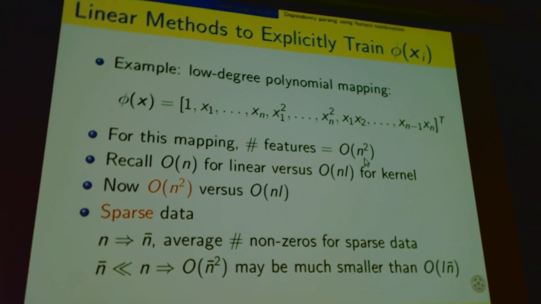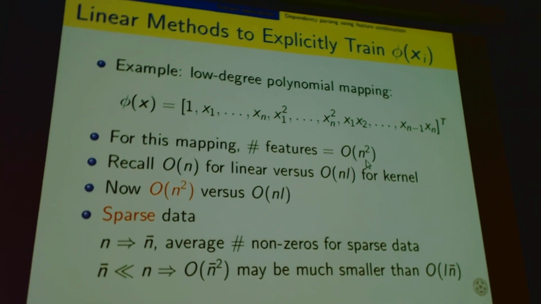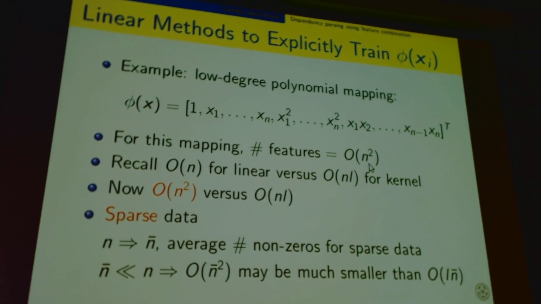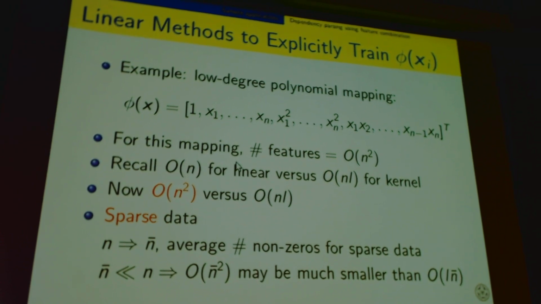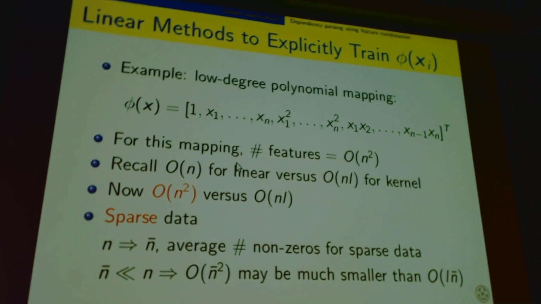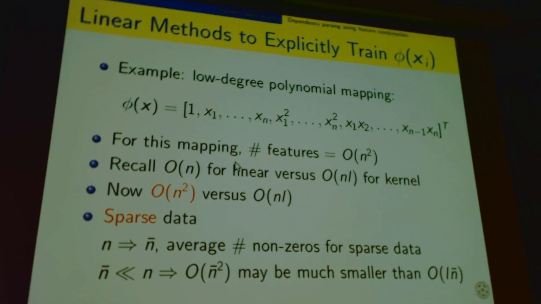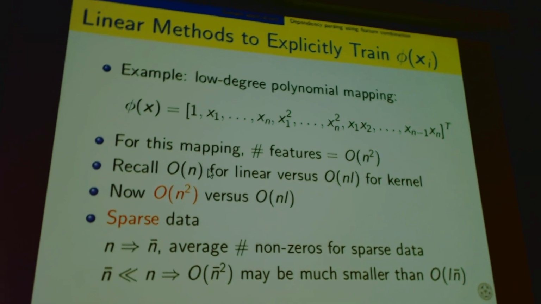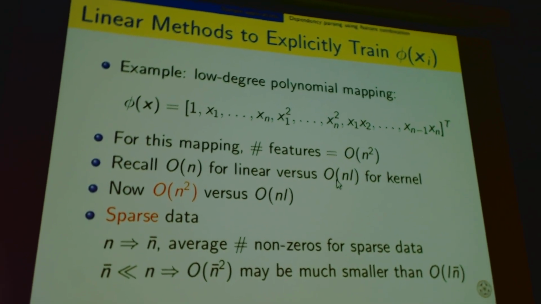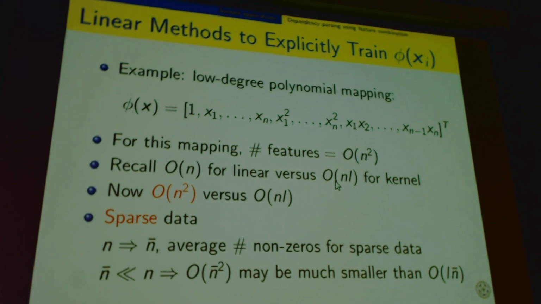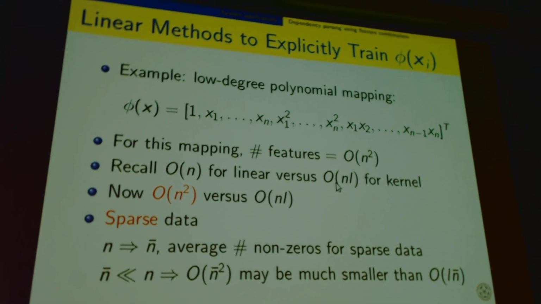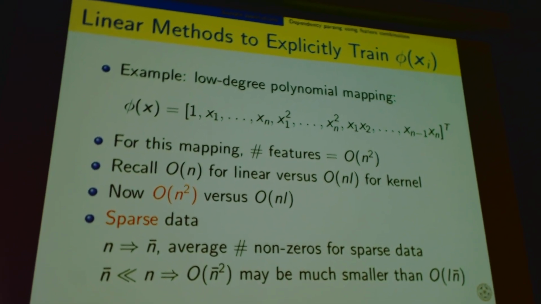Now you see, does this work? Because now your number of features becomes so large. And earlier, when we said linear is better than kernel in terms of testing speed, we compared order n with order n times l, because for kernel you need a bunch of kernel evaluations.